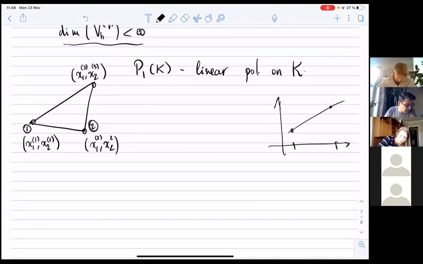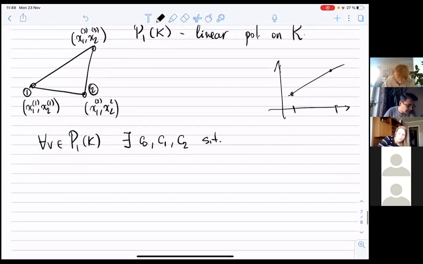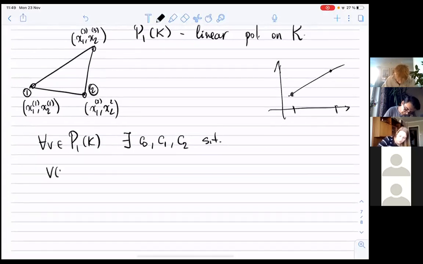And of course, we can say that for any element from this P1K, there exist 3 coefficients, C0, C1, C2, such that V(x), the equation of a surface, is equal to C0 times 1 plus C1 times x1 plus C2 times x2.